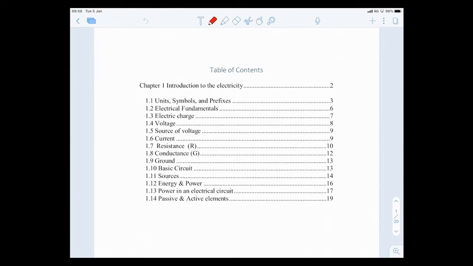The series of lectures that you are going to follow covers the topics in a course called Circuit Analysis 1, which is an introduction course for our second year electrical engineering students.